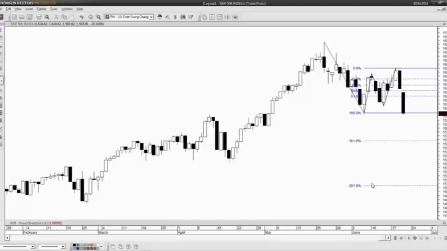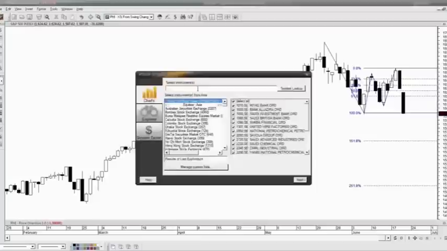So at this point we have a trend reversal to go short, targeting 1565 and 1510. Okay, so this is how we can use the Fibonacci to find our targets.